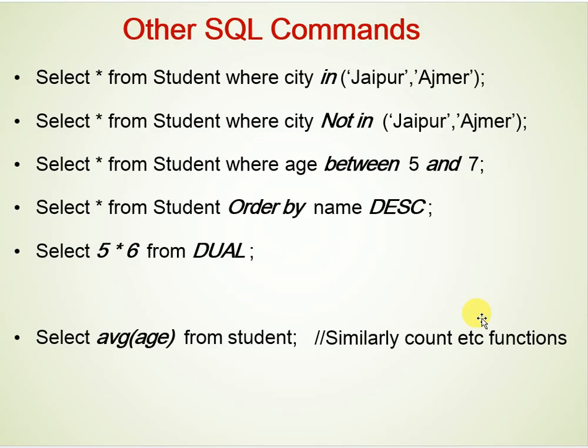And see, if suppose you want to use simple calculations like select 5 multiplied by 6 from dual. Dual is the default table provided by the system. We can use dual for any simple calculation, or if you want to display the date and time, then you can write select date from dual like that.